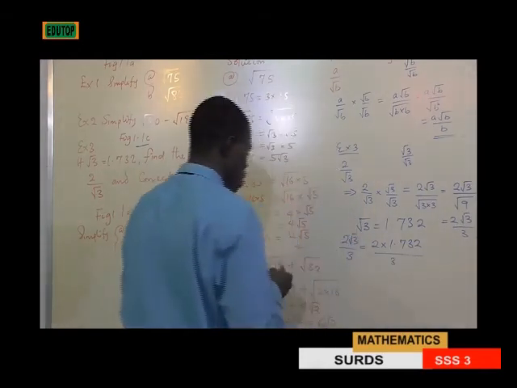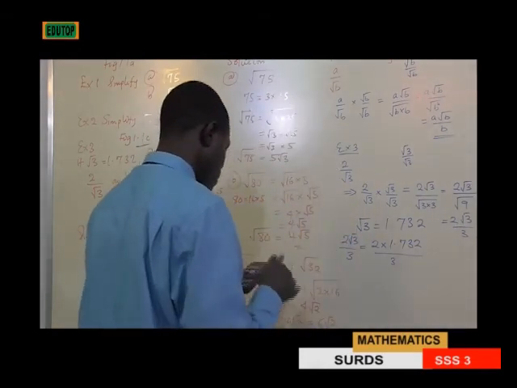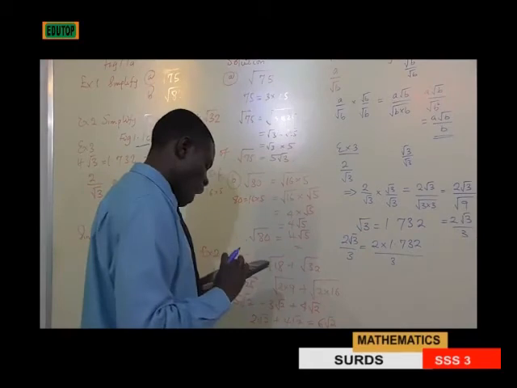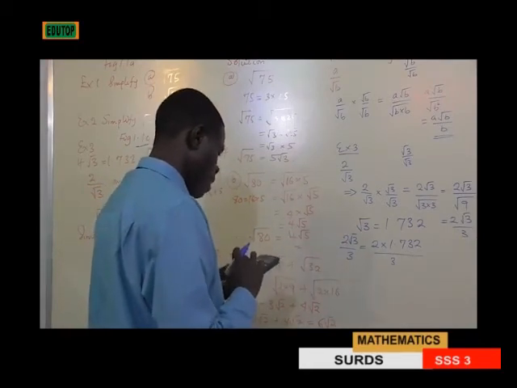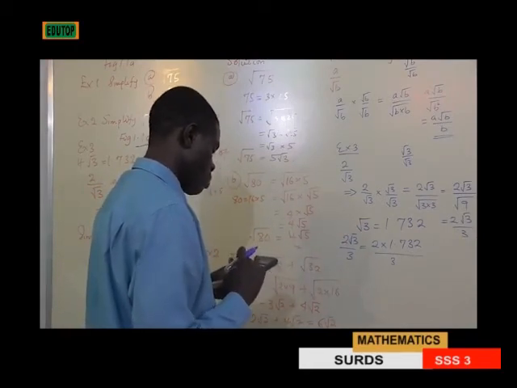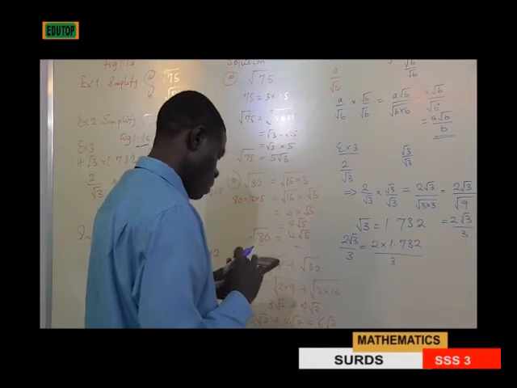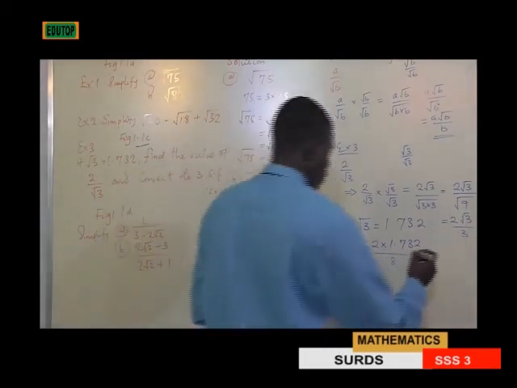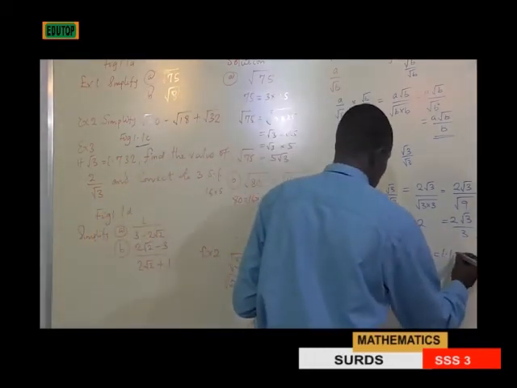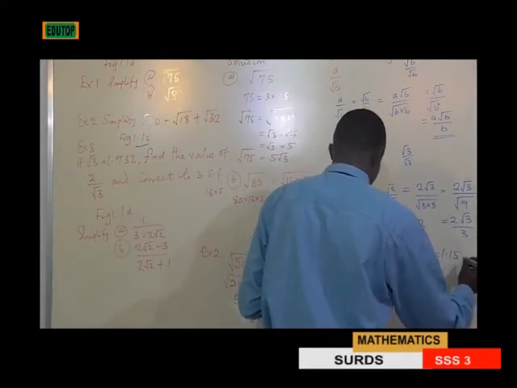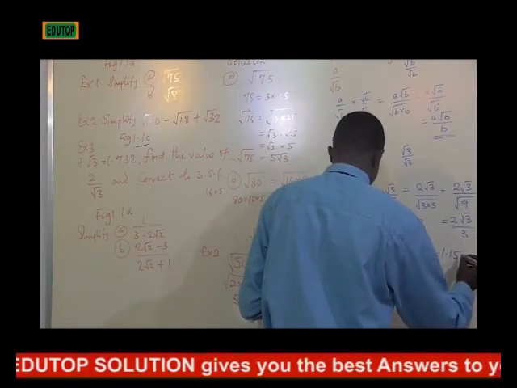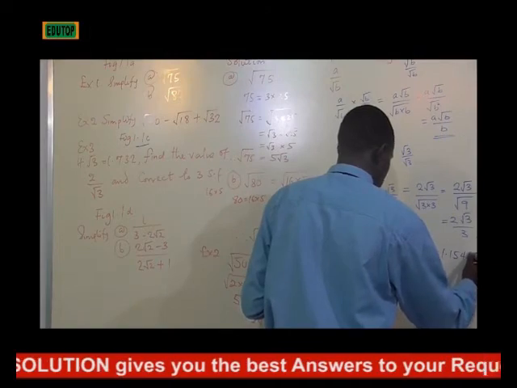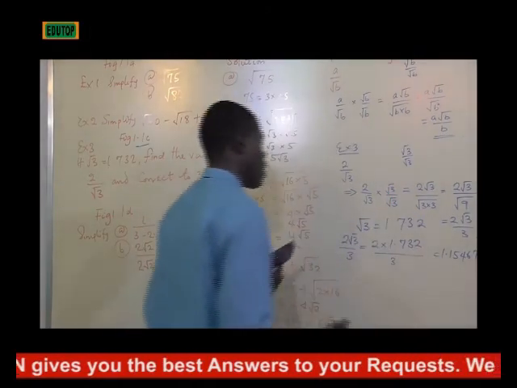So we multiply 2 times 1.732, then we divide by 3. So we are having 1.1547. That's the value that we have got.